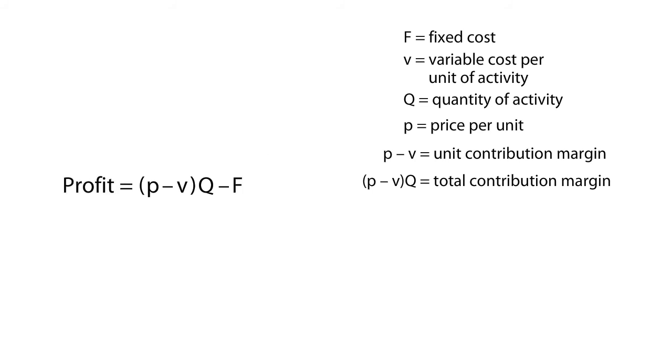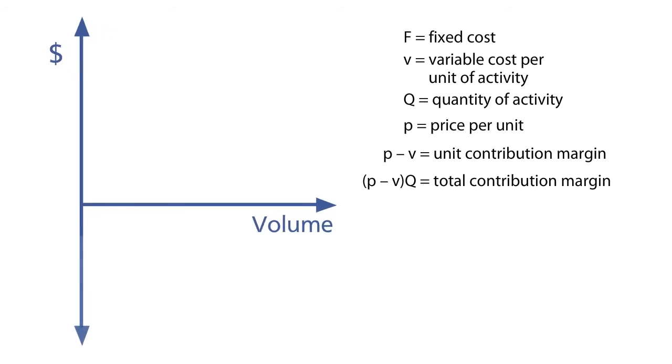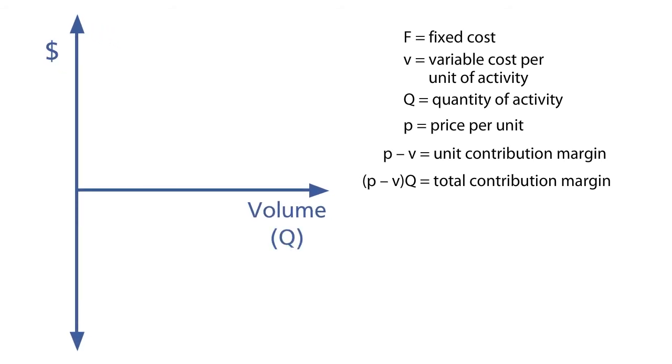Now, when we put this on a graph, it's useful to draw it a little differently. Instead of having the usual graph with the origin in the bottom left, which is where we have no cost and no quantity, well, you know what? Profits can be negative. So instead, we show the origin in the middle left of the graph to give us room to show how much money we're losing if we don't get enough activity.